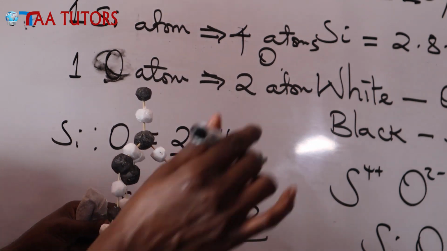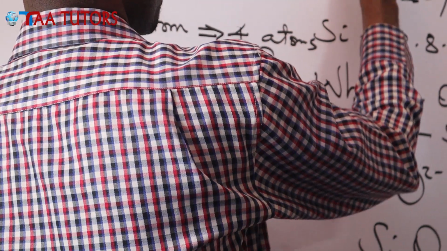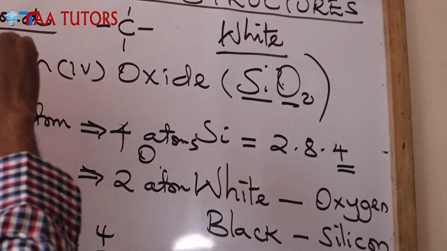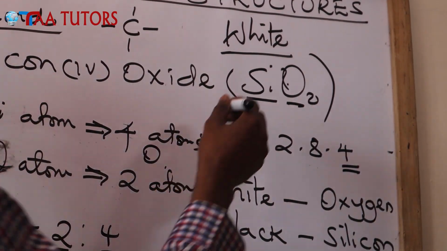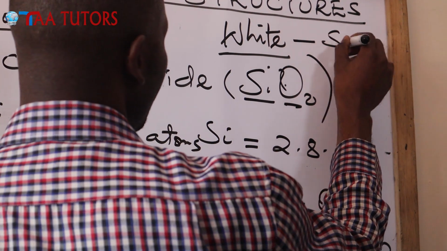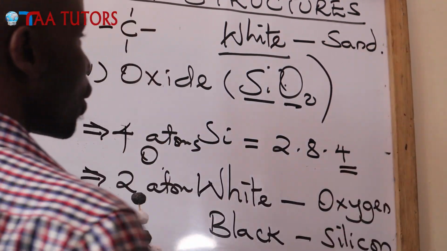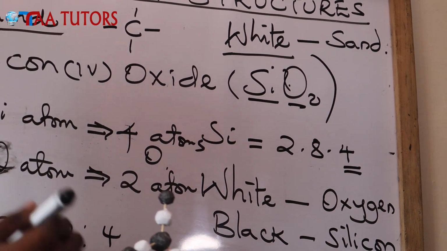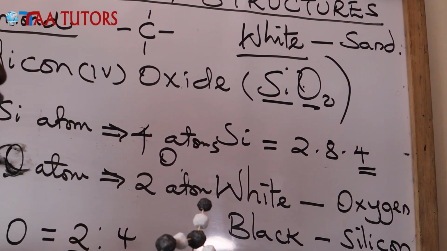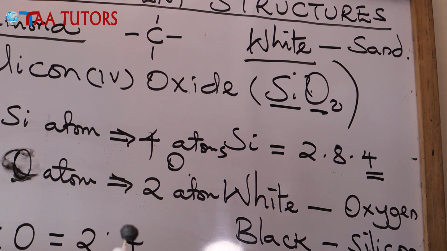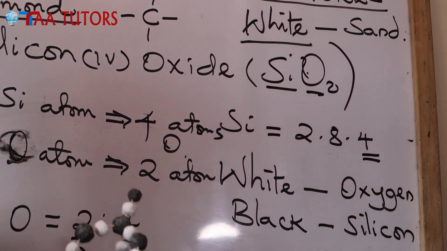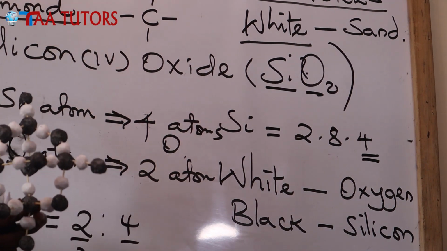Now silicon is white in color, almost shiny white. But naturally we find silicon in what we call sand. The main compound of sand is silicon, not purely silicon, but the bigger percentage of sand is silicon 4 oxide. Now, you know how sand is hard, but not as hard as diamond.